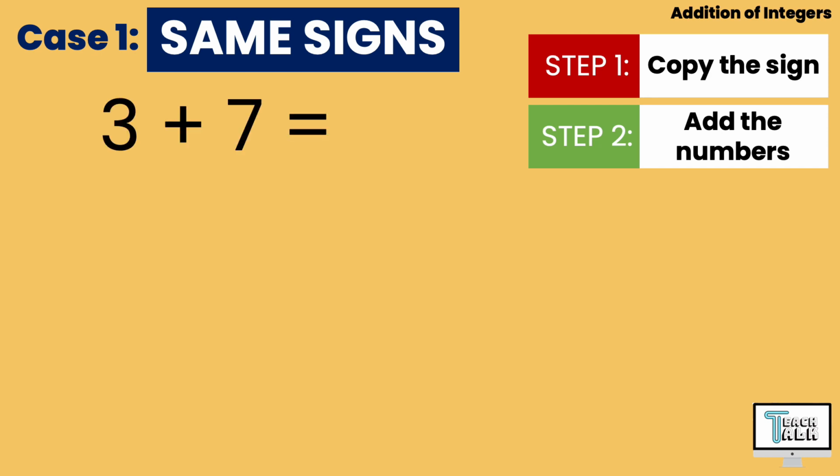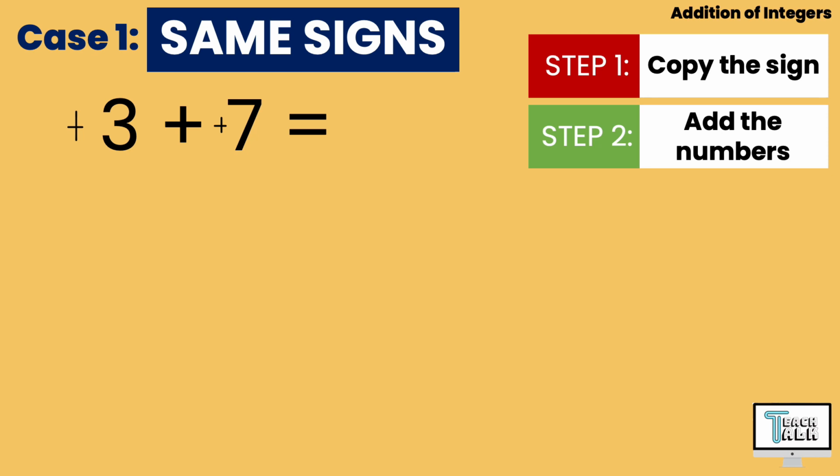For example, we have 3 plus 7. Di ba napakadali lang ng 3 plus 7? Actually, kahit mga grade 3 or grade 4, grade 2, grade 1, makapag-add na ng 3 plus 7, right? Now, ano ang sign ni 3? Take note, ang sign ni 3 is positive. This is positive 3. Ang sign ni 7, that is also positive. Now, magkapareho ba sila ng sign? The answer is yes.